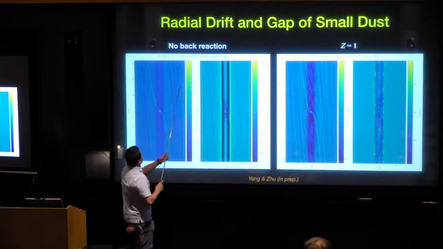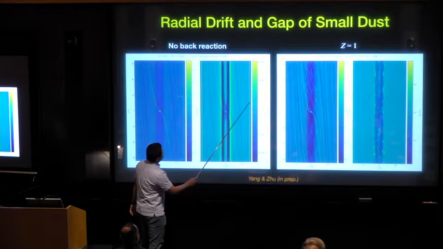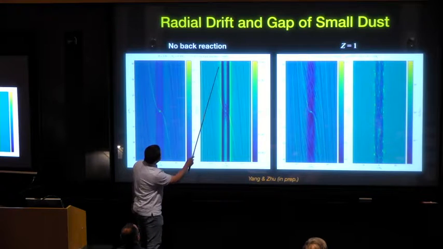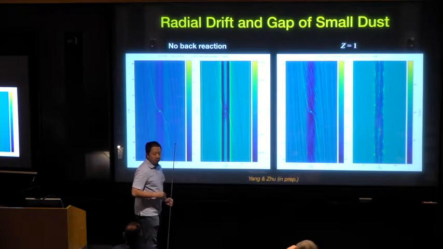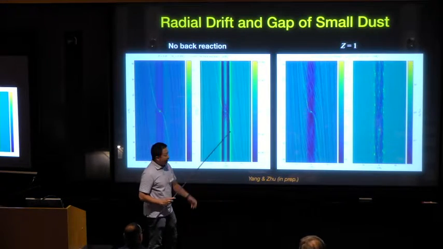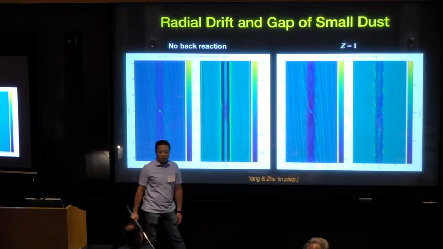And how about the radial drift? This is what I see. Without back reaction, you do collect dust particles in the outer edge, and also some accumulation on the inside because of the planet pushing particles away. However, if you turn on back reaction, everything breaks up into small vortices.